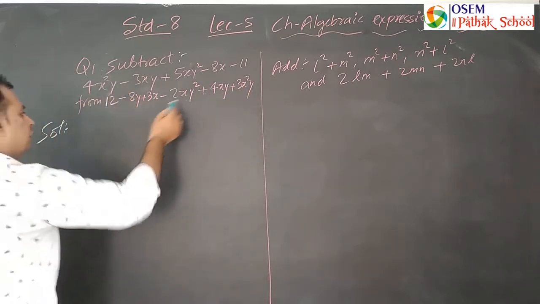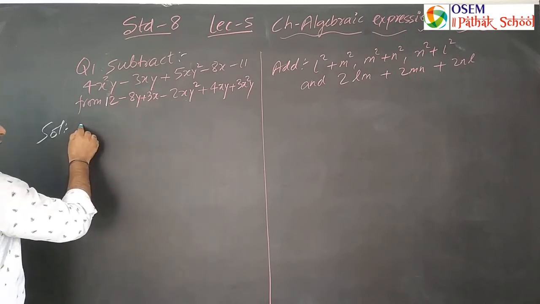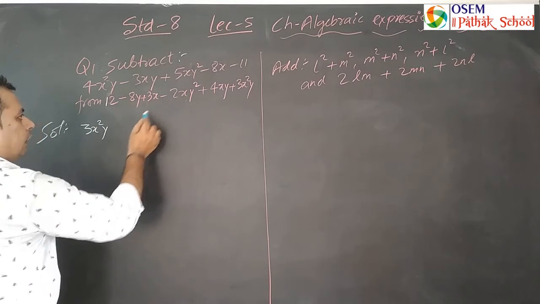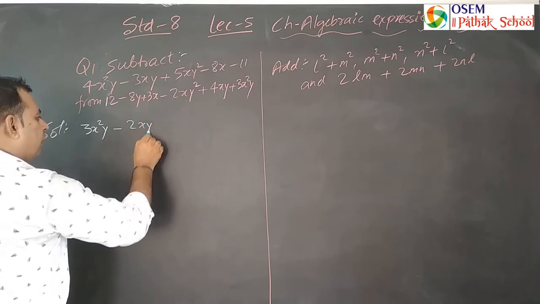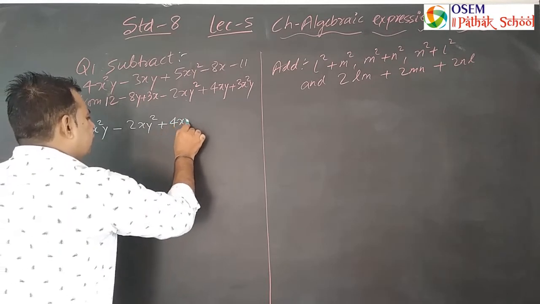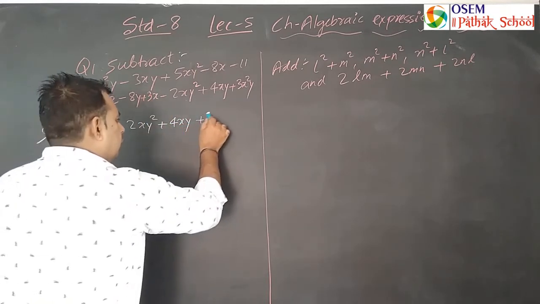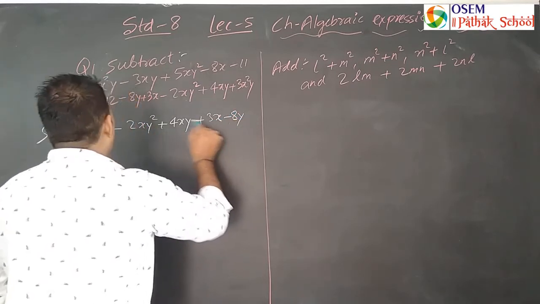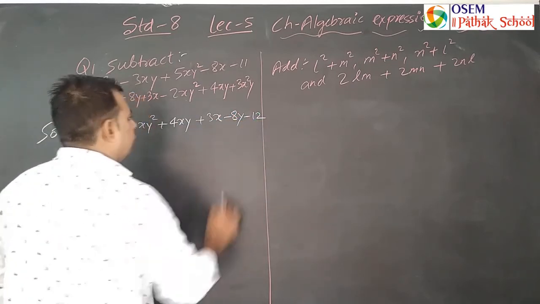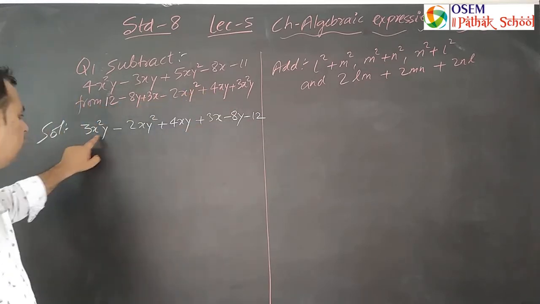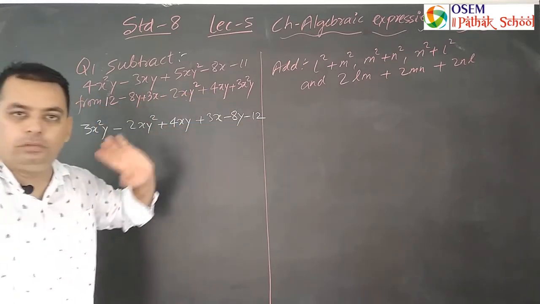We will arrange the terms in an orderly way: 3x square y, minus 2xy square, 4xy, 3x, minus 8y and minus 12. How many terms? 1, 2, 3, 4, 5, 6.